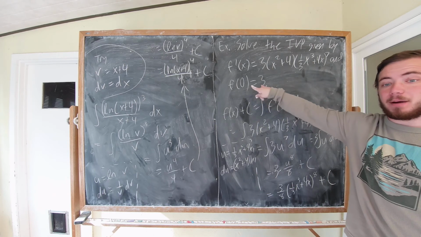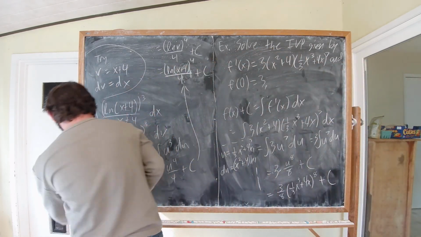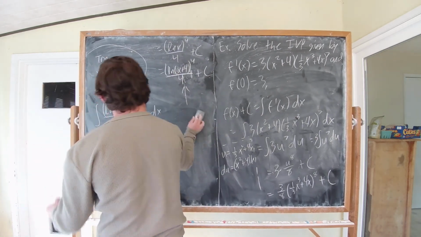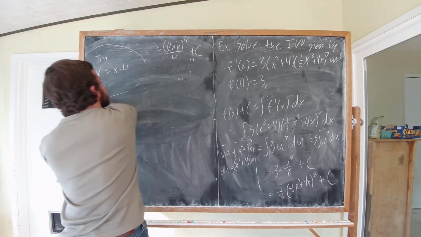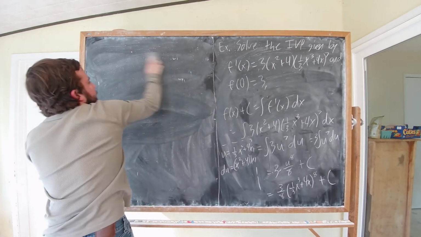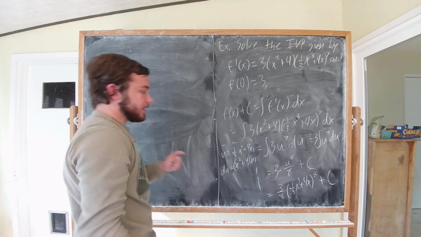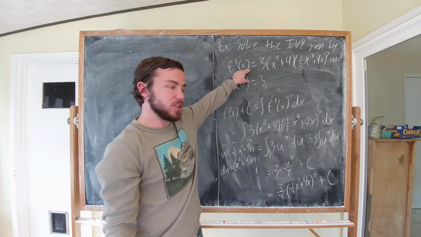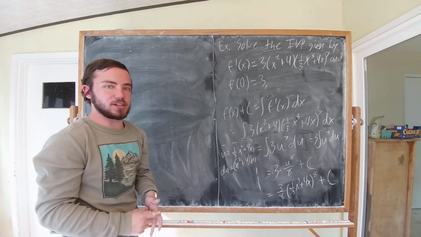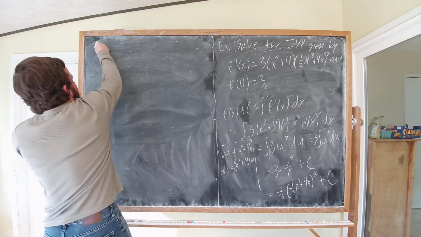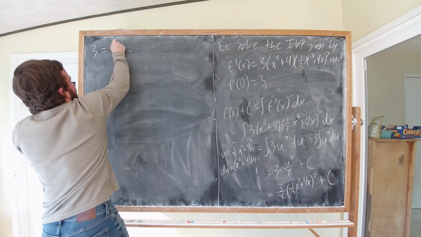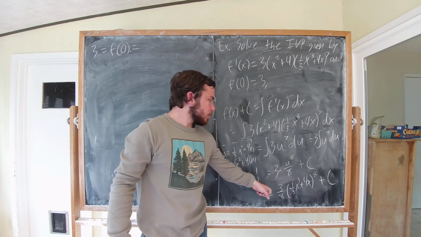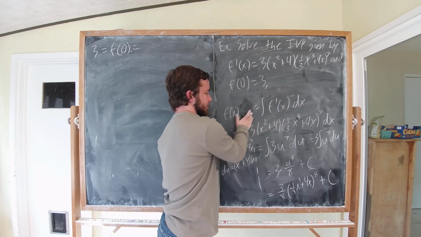Now, to solve the actual initial value problem, we impose this condition. The difference here is we're saying, okay, here's an entire family of solutions that satisfy this chunk. Now I want to find the specific function that also satisfies this initial condition. We know that f of 0 is equal to 3. But what is f of 0? Let's just say f of x is this thing.